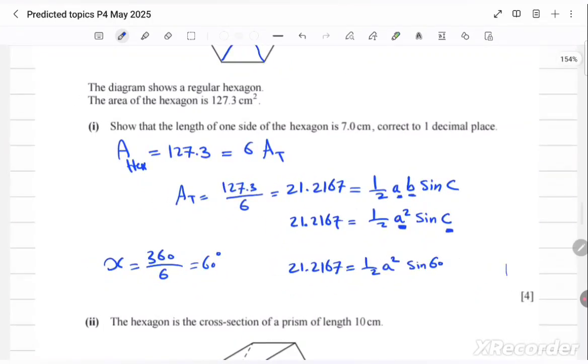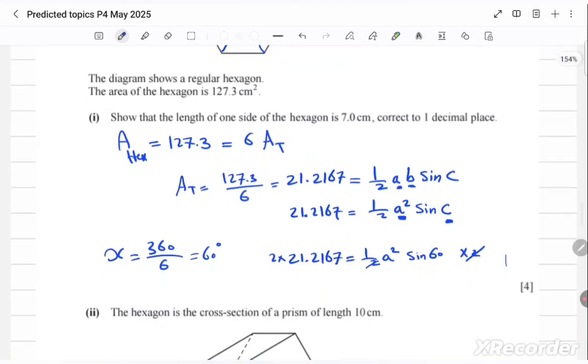Now how do we find a? You can multiply both sides by 2, so a squared equals 2 times 21.2167 divided by sine 60.